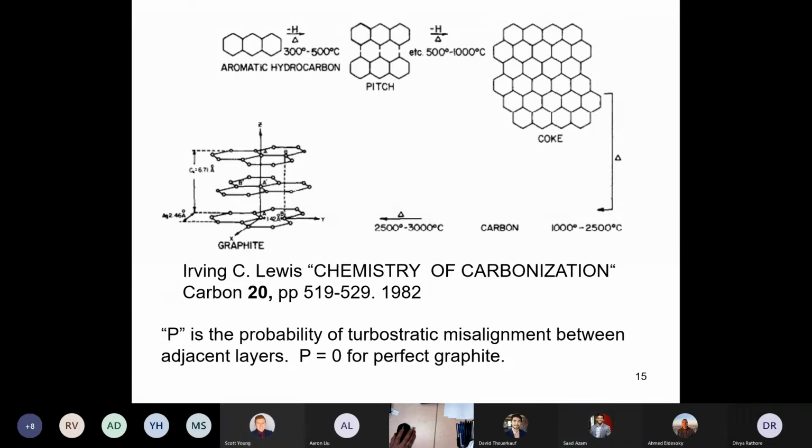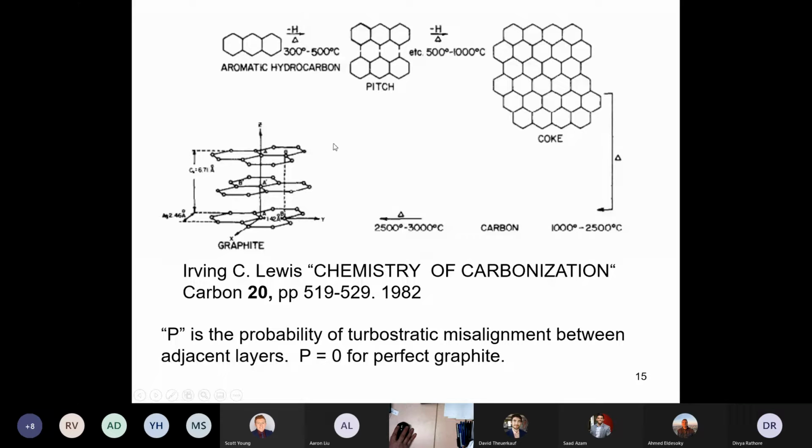Yeah, so I was talking about this path from an aromatic hydrocarbon to a graphite on heat treatment. And this is what happens when you have what's called a soft carbon precursor. A soft carbon precursor will allow you to make a pretty decent graphite.